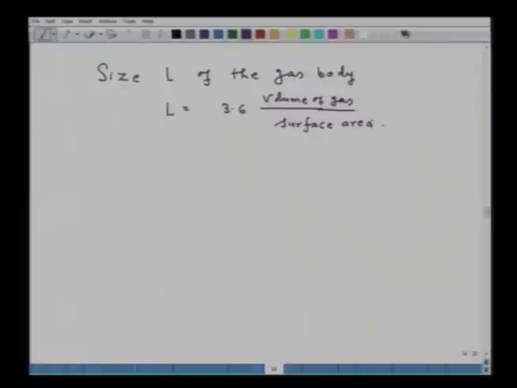Once we have found the value of L from the volume of gas and surface area, let us consider P, that is the partial pressure in atmosphere of the absorbing gas.